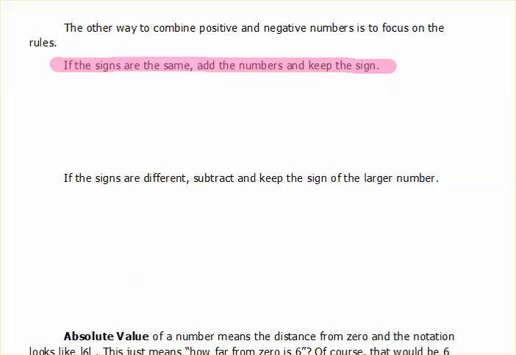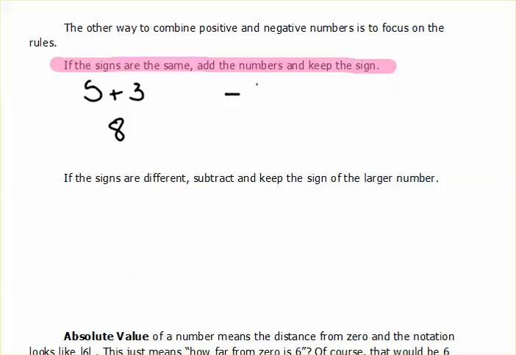Now, we've done that over and over again. If I were to give you something like 5 plus 3, you would say, well, of course, that's 8. Well, sure it is. But the reason that it's 8 is because these numbers are both positive and we're combining them. So the signs are the same, so we add the numbers and we keep the sign positive.